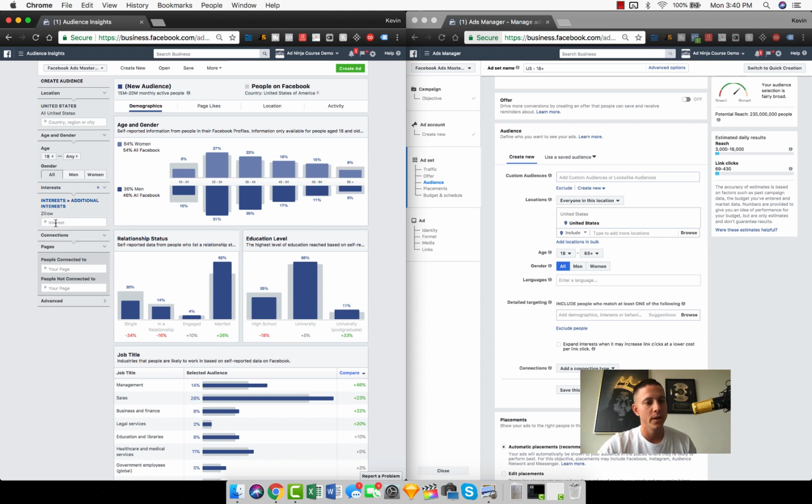So if we type in Zillow here in interests, we see that 64% of people who are interested in Zillow are women, 36% are men. We see that the 18 to 24-year-old age bracket drops off dramatically, because generally people who are 18 to 24 probably aren't in the market to buy their first home. But the 25 to 44-year-old range, really that's the sweet spot, right? I wouldn't have known that, and I wouldn't have been sure about that without having typed this in.